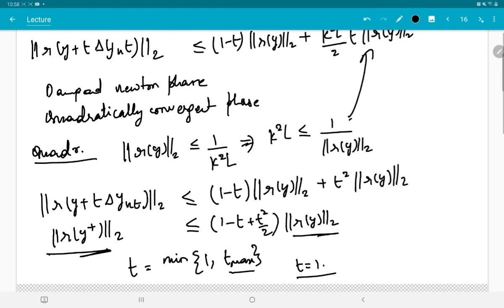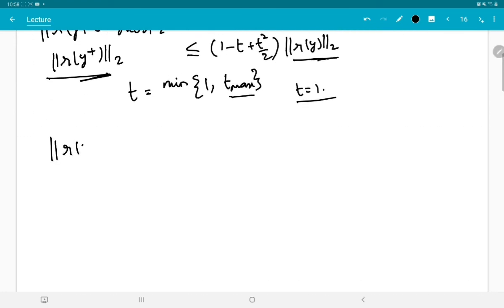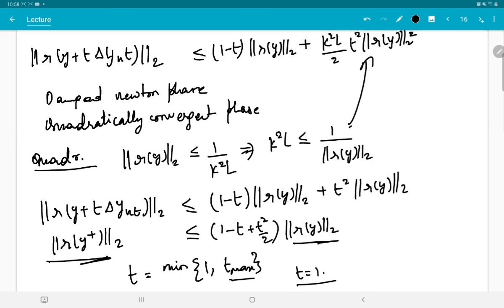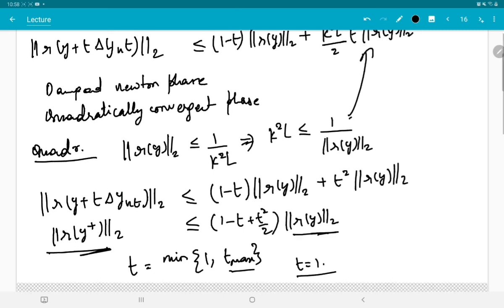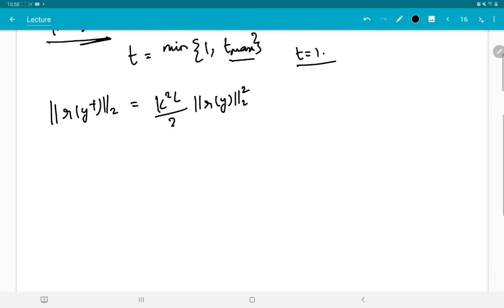So what we have is, if I have t equal to 1 here, ry plus is less than or equal to k square L by 2 times the norm of ry, squared.